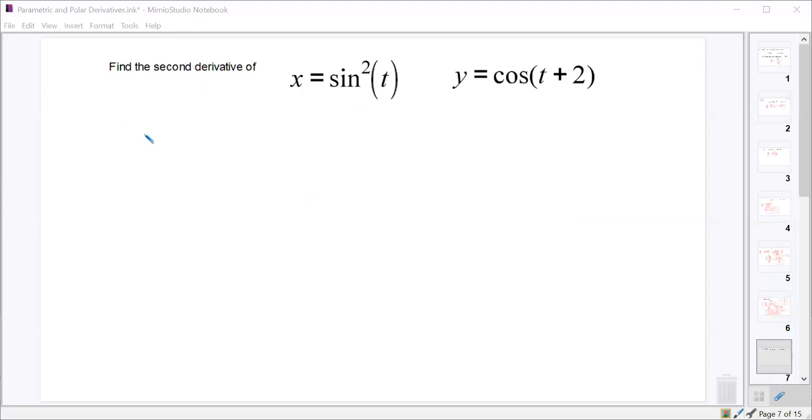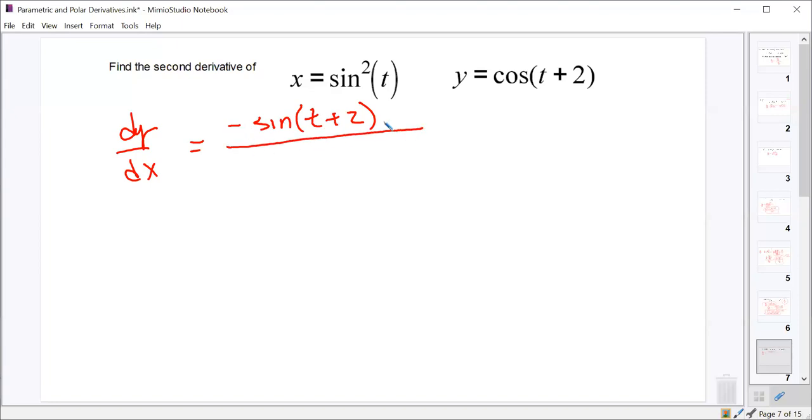So just to make sure, what did you get for dy/dx? dy/dt should have been negative sine of t plus 2. And dx/dt should have been what? 2 sine t times cosine t?